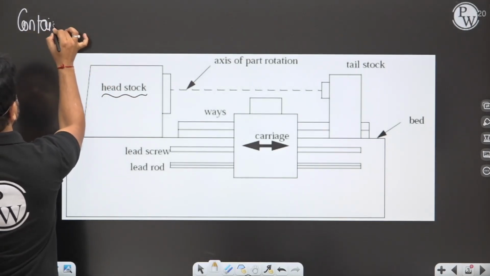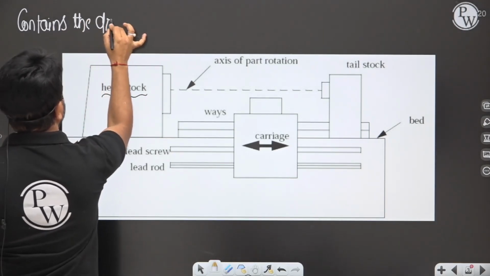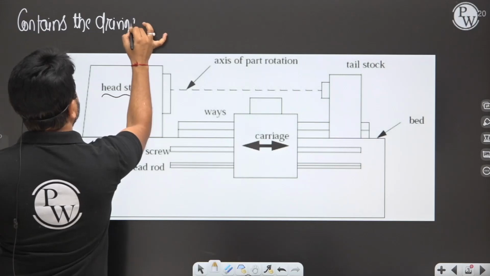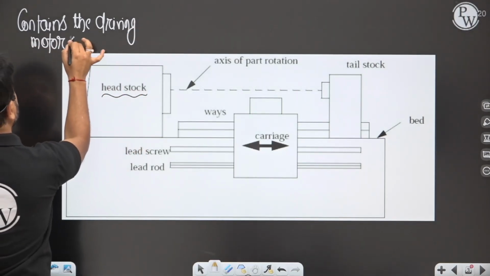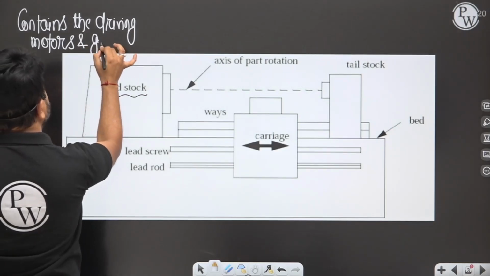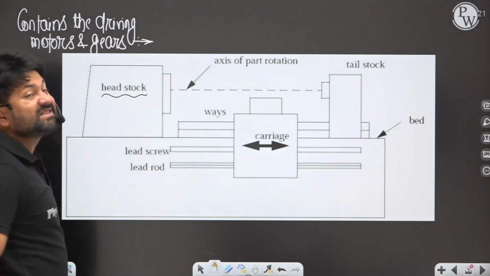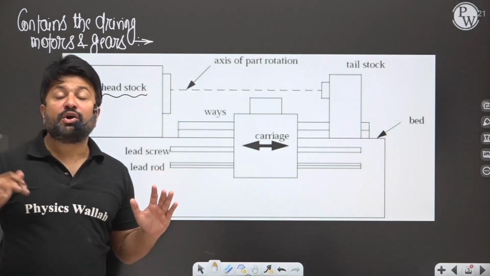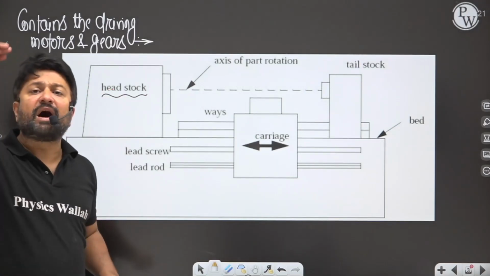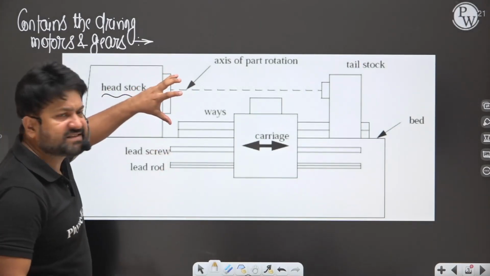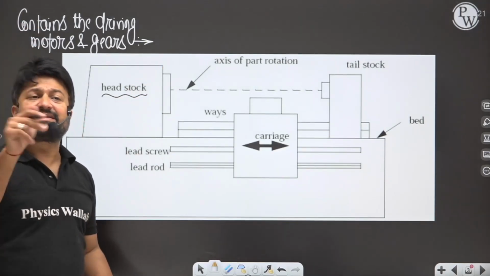The driving motors and gears. So the power to rotate the part which is fixed in the work holding device is delivered from here.